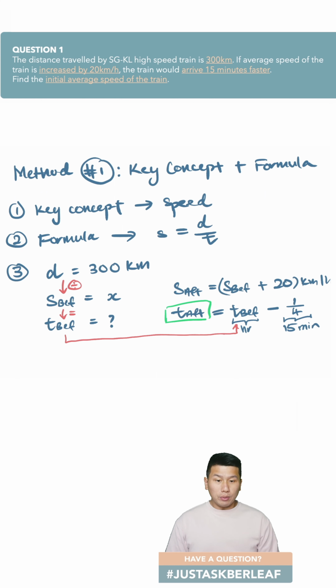In the same fashion, we will use the distance to divide by the speed after in order to work out the other side of the equation, which is the time after. Great, so we have both the time after and time before, and that links up everything. With that, we are able to put together our entire equation.